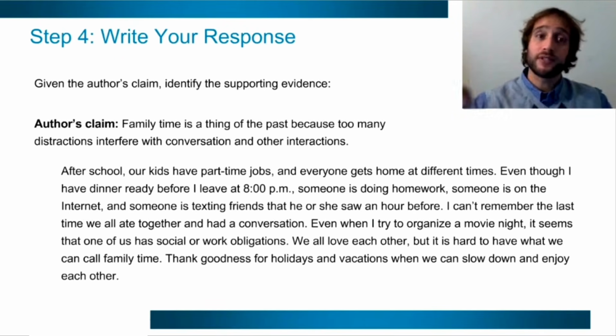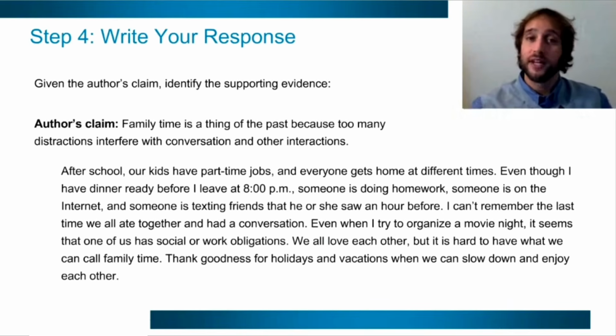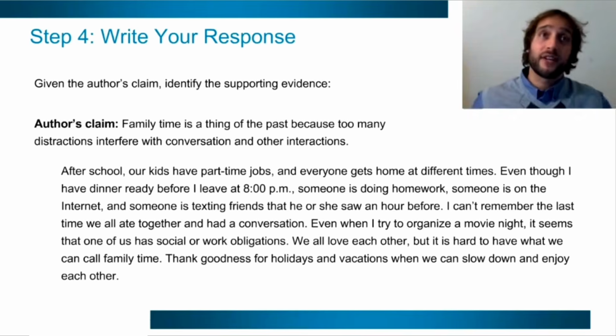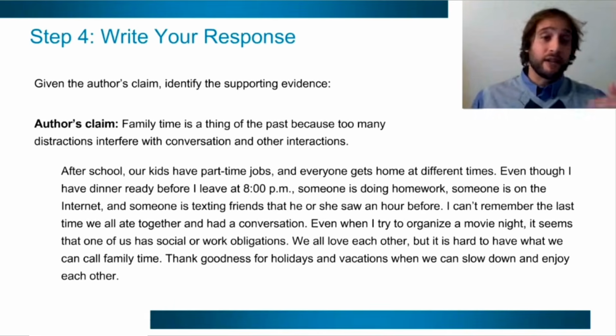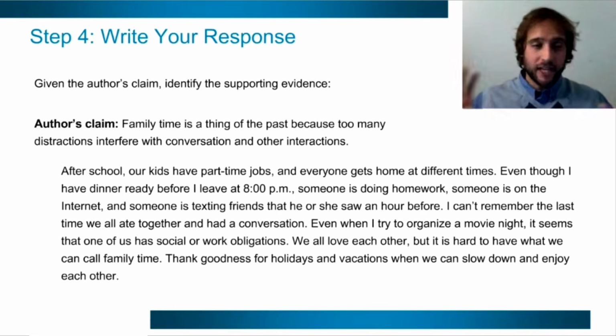As you do, I want you to see if you can pluck out the evidence that the author has used. Now I want you to go a step further. I want you to think, is this powerful evidence? Is this weak evidence? How could I argue in favor of this or against this? Think about all that stuff, and then once you finish reading, you can start the recording back up. You can always pause it. Start it back up when you're ready to discuss. Go ahead.